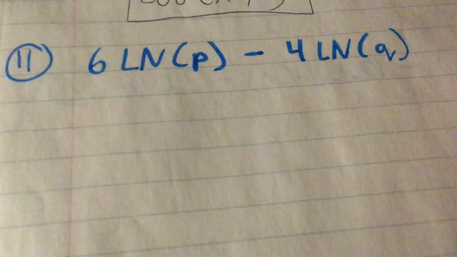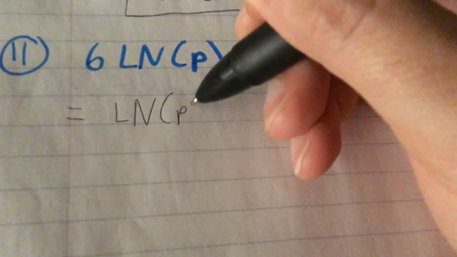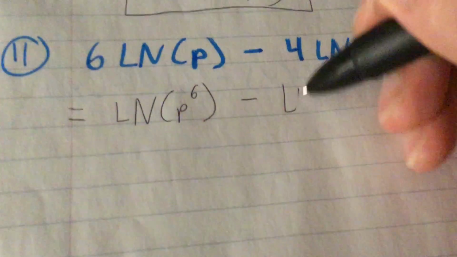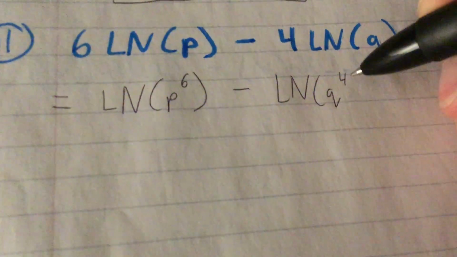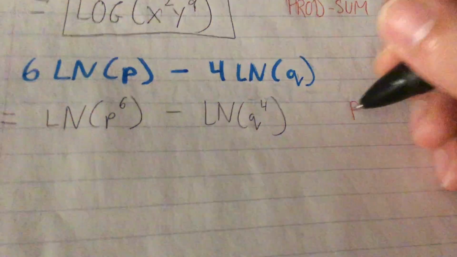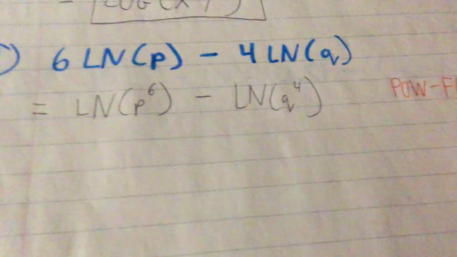Factor from the outside becomes the exponent on the inside. So now this becomes the natural log of p to the 6 minus the natural log of q to the 4th. The reason why this works is because of the pow fact rule, power factor.